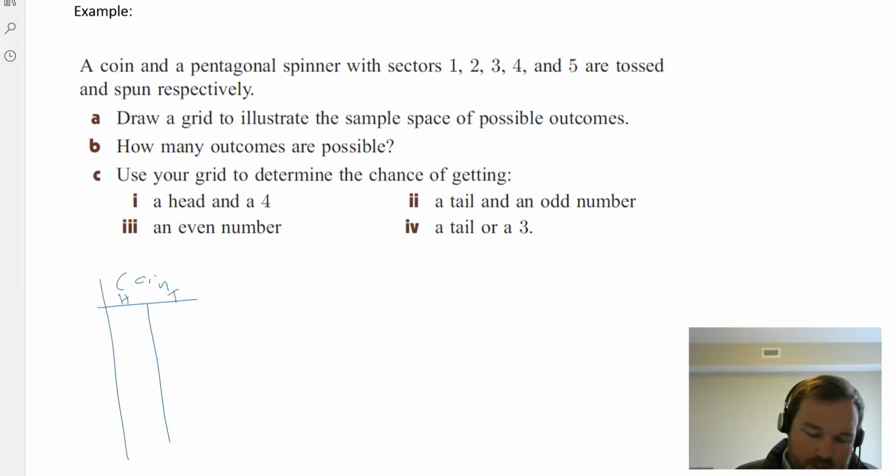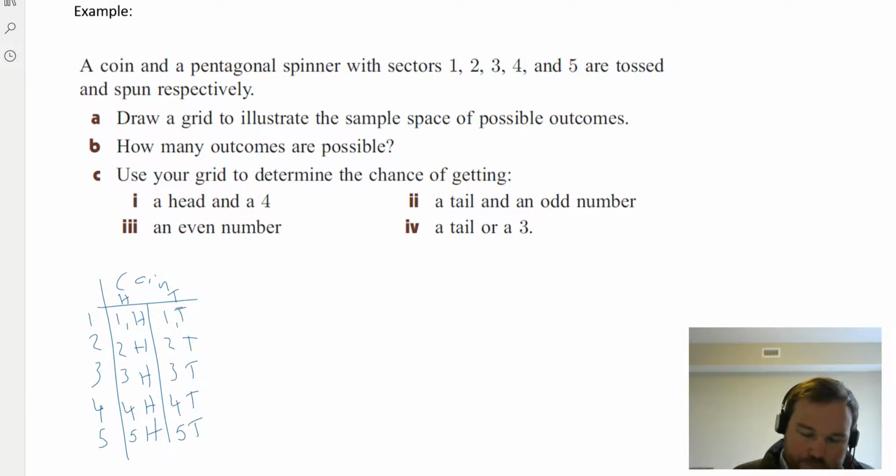And then down this side here, we can imagine the spinner would release one of 5 numbers. 1, 2, 3, 4, 5. And therefore our outcomes are, 1 and a head, 1 and a tail. And so on.